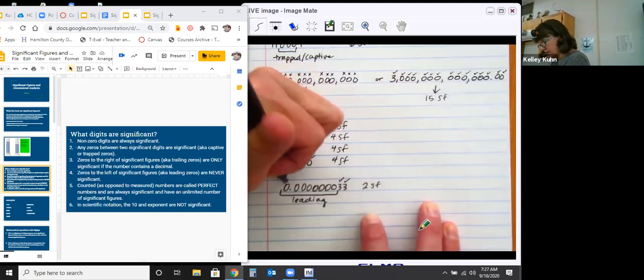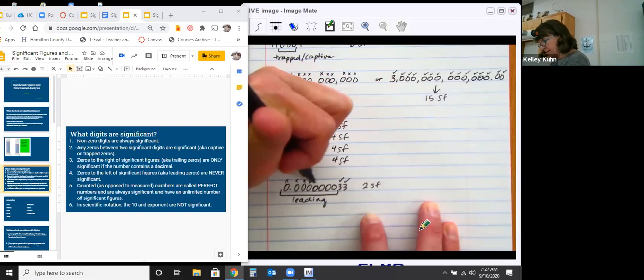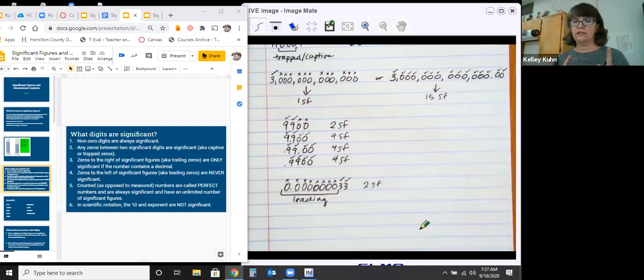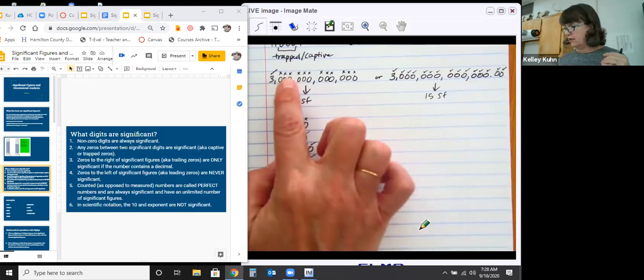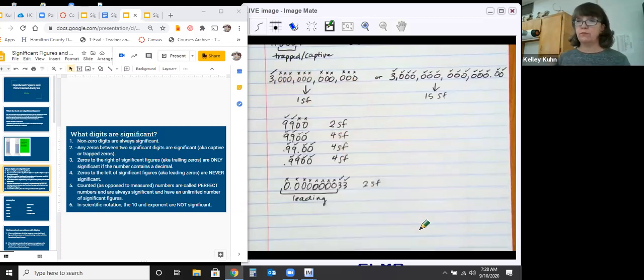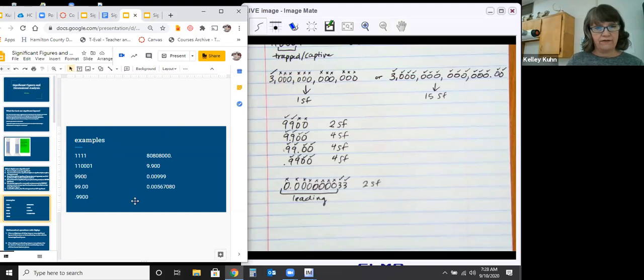And all of these, I'm putting X's here to remind myself they're not significant. They matter. Let's not confuse significance with mattering. They matter because they show how tiny the number is, just like these matter because they show how huge the number is. But they don't communicate a measurement. They just communicate size. So let's look at the ones that you have in your book, in your slide.